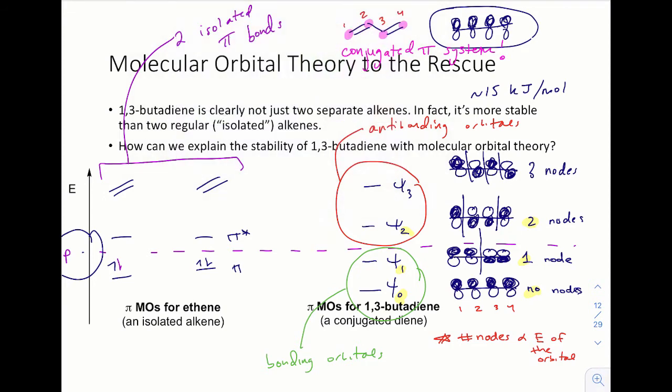If we take a look up at buta-1,3-diene, we see that there are 4 electrons in pi bonds. 2, 4. Like all electrons, those electrons will populate the lowest energy orbitals.